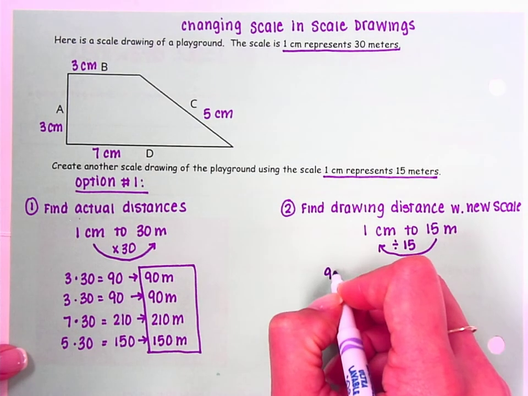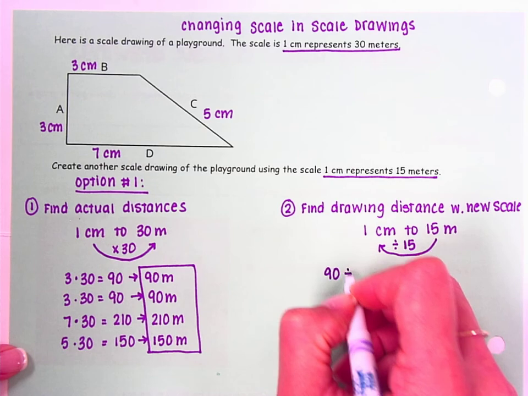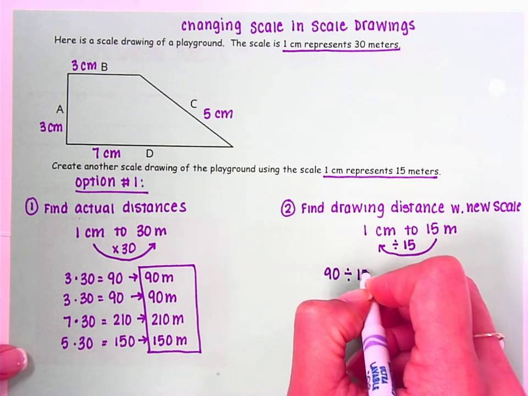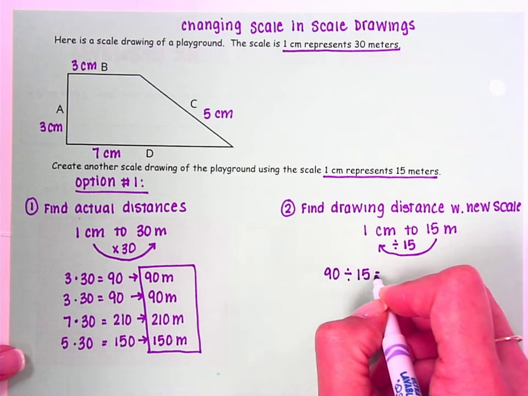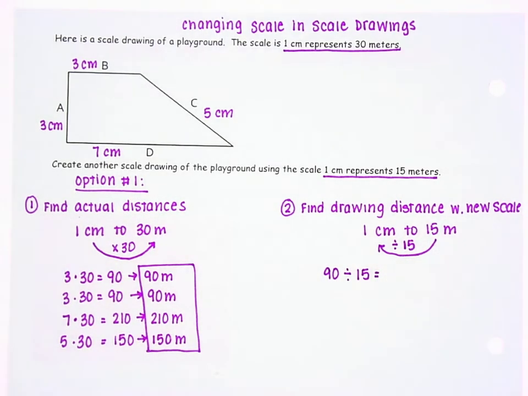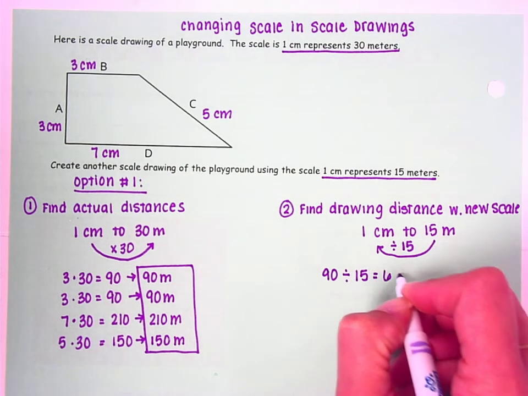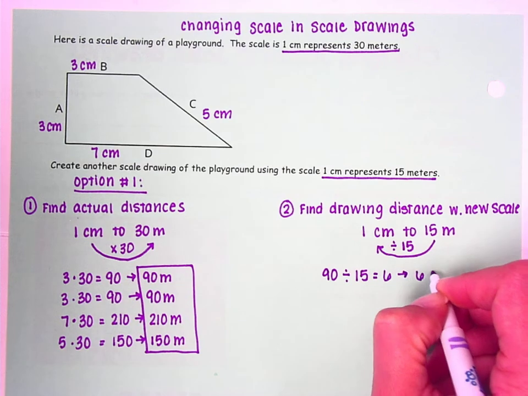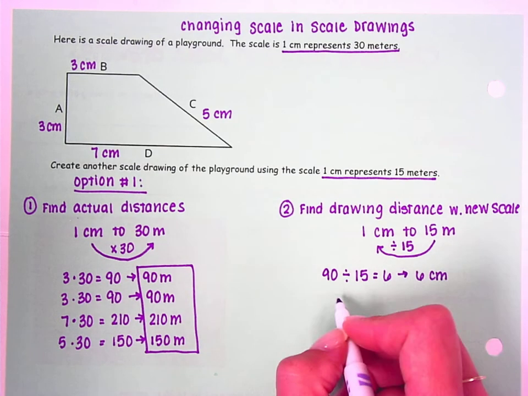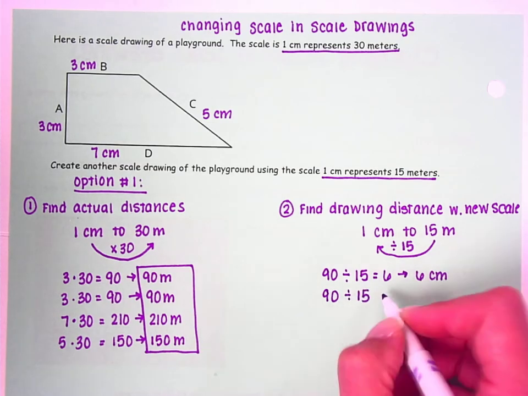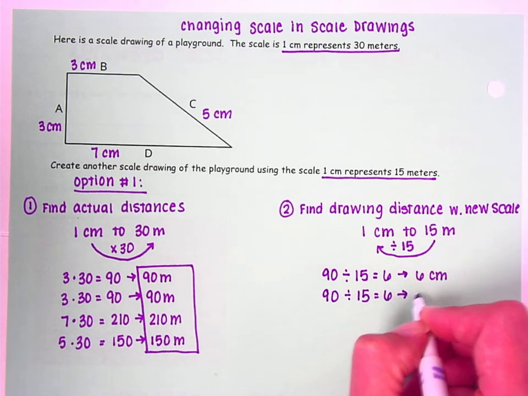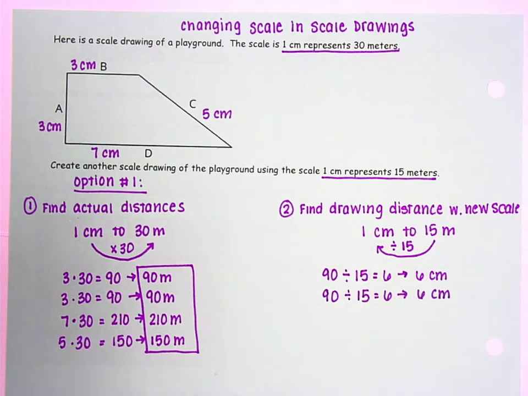So we have 90 meters divided by 15, and this is going to give me 6 centimeters on my new drawing. Same thing we'll do with our second actual distance of 90 equals 6 centimeters.